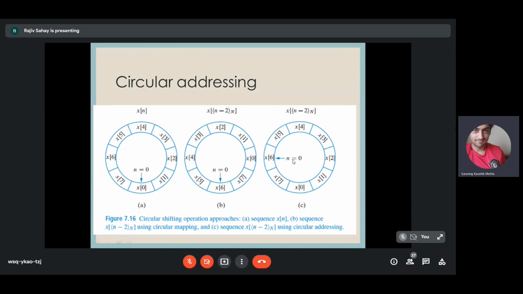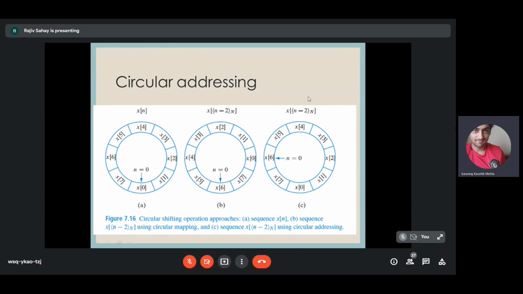So x6, which was appearing here in the shifted circular buffer, is now represented here only with the new pointer. The pointer is now saying that this corresponds to n equal to 0. So x6 corresponds to n equal to 0. So you get the same effect of circular shifting, but without changing the elements inside the circular buffer.